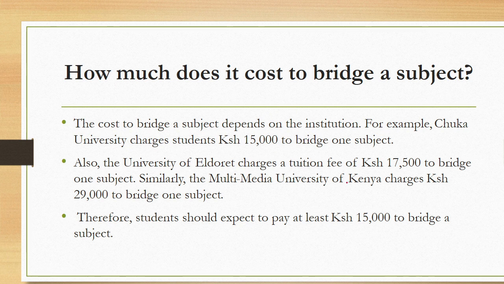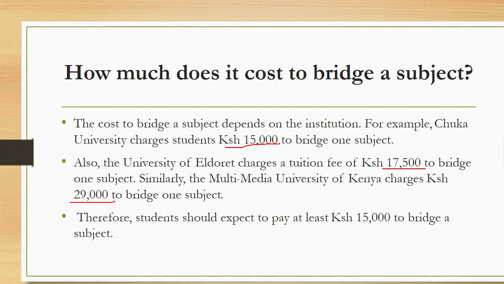So how much does it cost to bridge a subject here in Kenya? Most institutions, remember, KMTC doesn't offer any bridging course. Instead, they offer upgrading courses. To bridge for a course, for example in Chuka University, you'll have to pay 15,000. From Eldoret University, you'll have to pay 17,500. From Multimedia University, you'll have to pay 29,000.